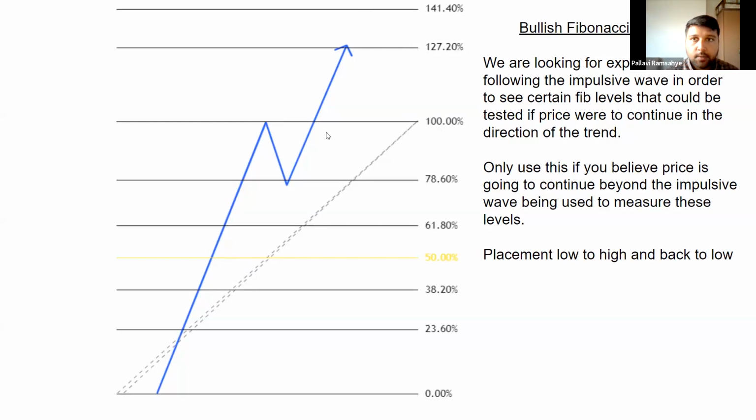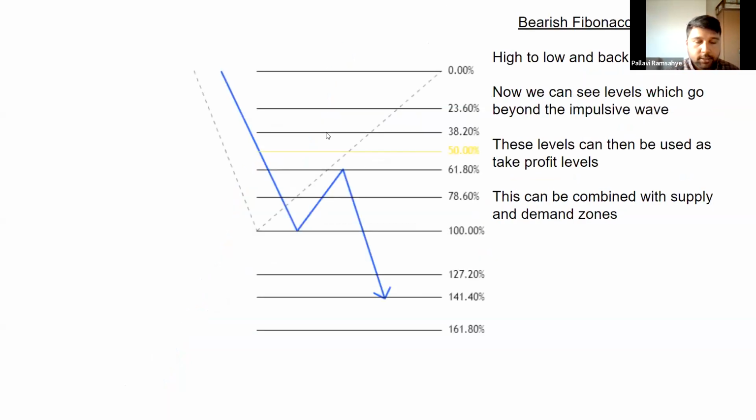The other one is the bearish. Again, with the bearish Fibonacci expansion, we're looking for where price can come to. Same concept, except we're in a downward trend. We place the level from high, so this point here, to the low point, and then back to the high point.